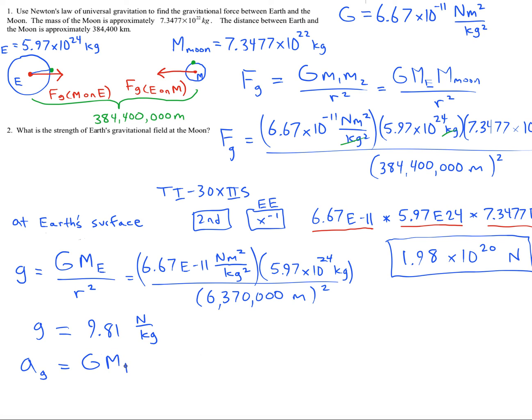We'll use the mass of Earth once again, but this time we want the distance between Earth and the Moon. Okay, it's going to be 6.67 times 10 to the minus 11.